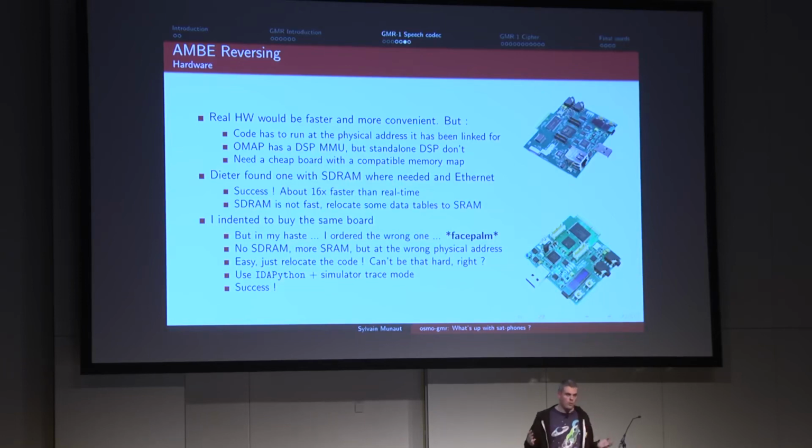Now, of course, that didn't work the first time around because there are a couple of pitfalls in that approach. But using the simulator, it was pretty easy to find out where things were going wrong, because you take the original code, you run it in the simulator, and you trace every memory access. Then you take your potentially relocated code, you run it again in the simulator and trace every memory access.